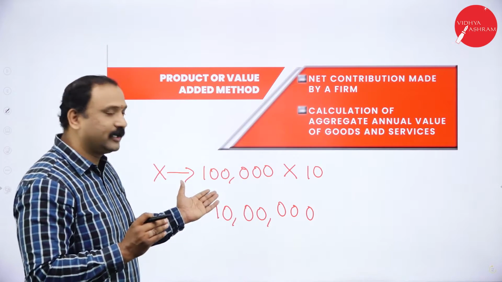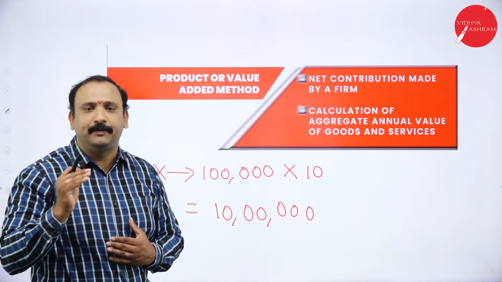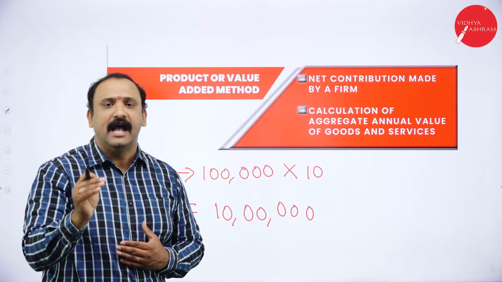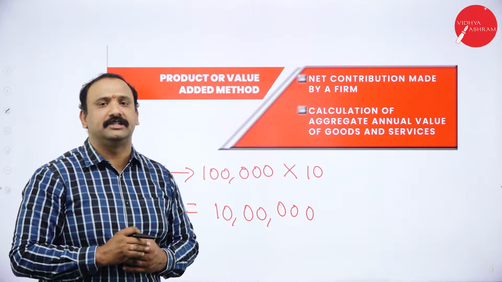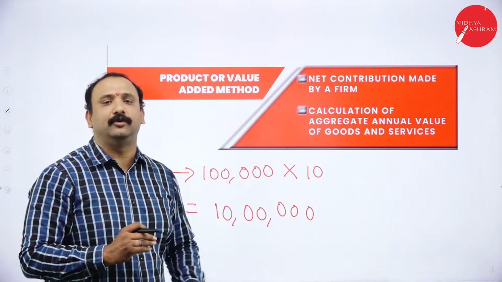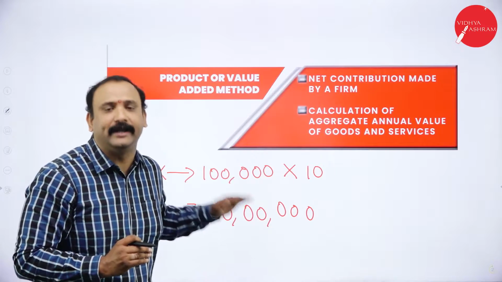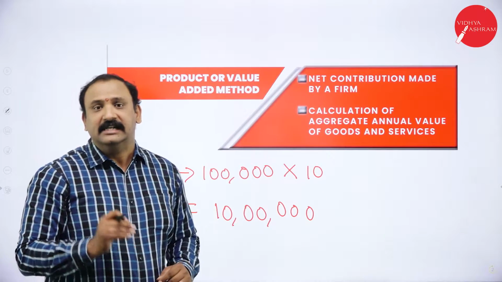Now if you look here, what the company has tried to do is that it has been doing its regular business. It has been into manufacturing, let's say an FMCG product itself. The value of the good is 10 rupees and they have contributed 10 lakh rupees to the nation's economy.